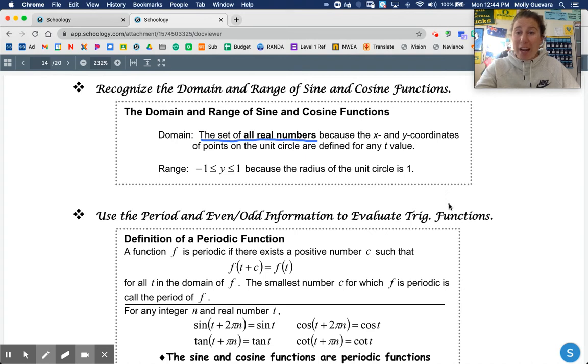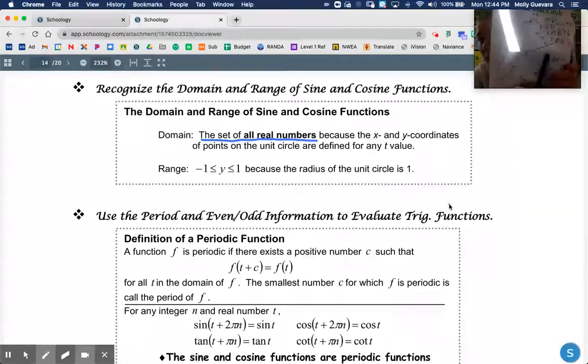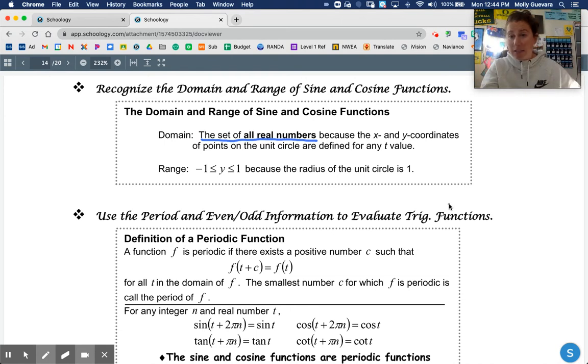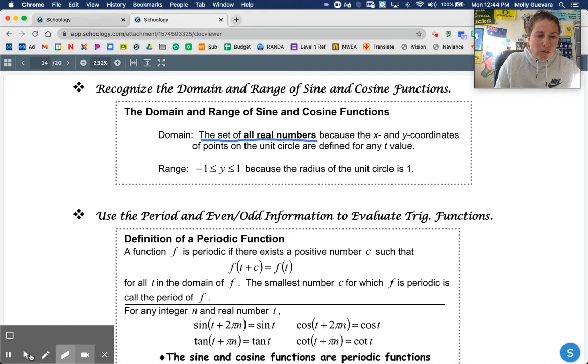So my range is anything between negative 1 and 1 because the radius of the unit circle is 1. That is the same for cosine. Cosine is your x values. Here my smallest value is negative 1, and here my biggest value is 1. So I can't have anything outside of negative 1 to 1.